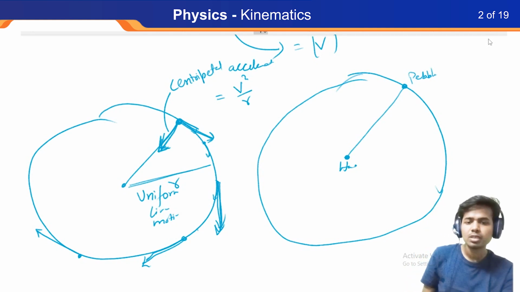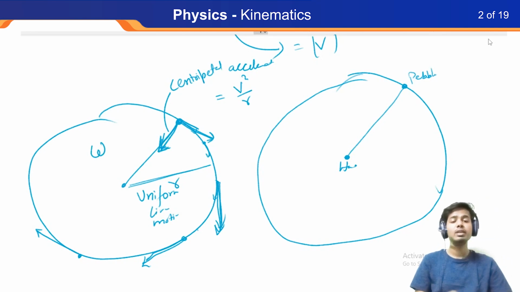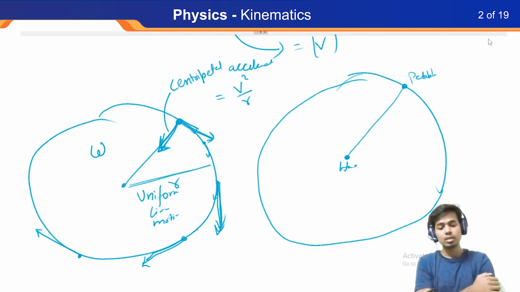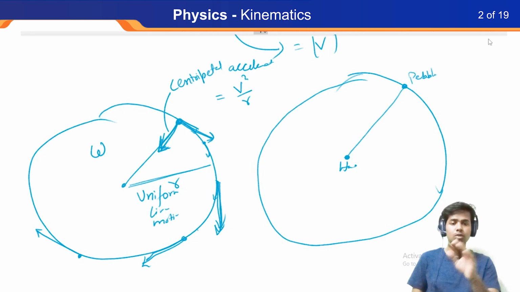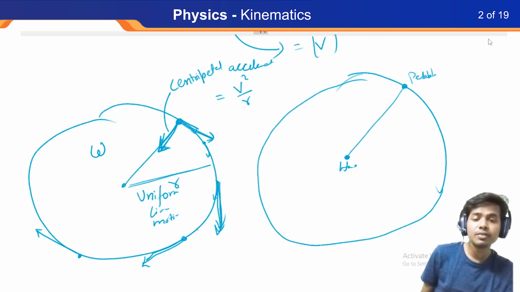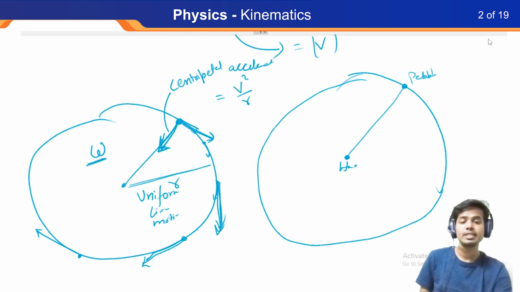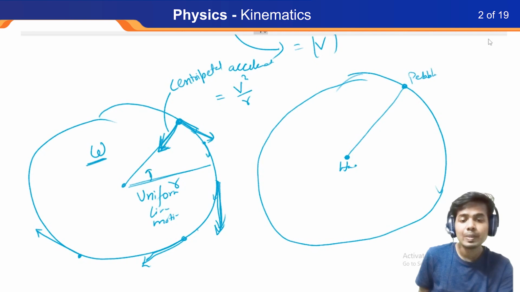I'm going to give you another term here, angular velocity. How do we define velocity? Velocity is defined as displacement per unit time, or speed. How do we define speed? Length covered per unit time. But the way we define angular velocity is angle covered per unit time.